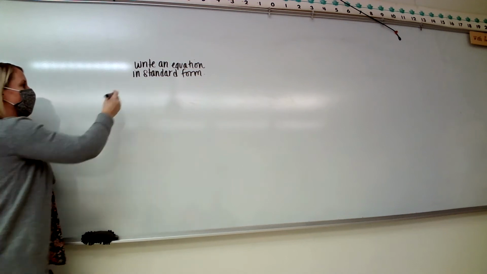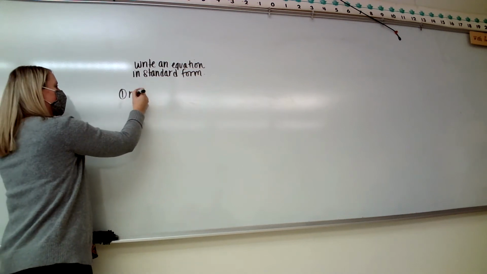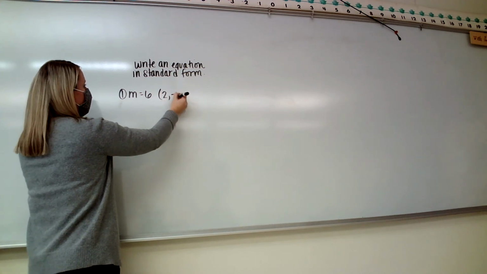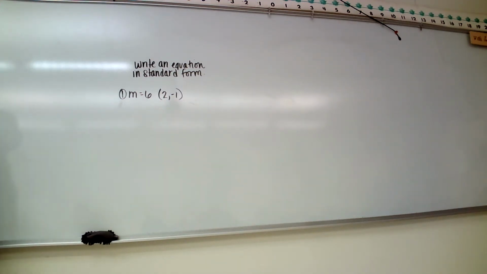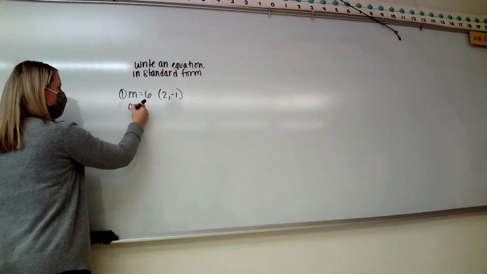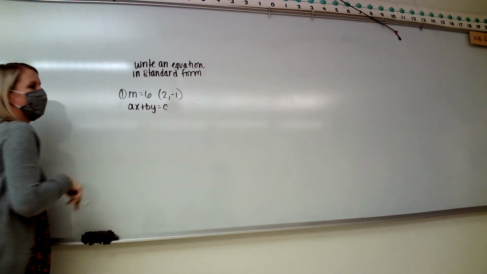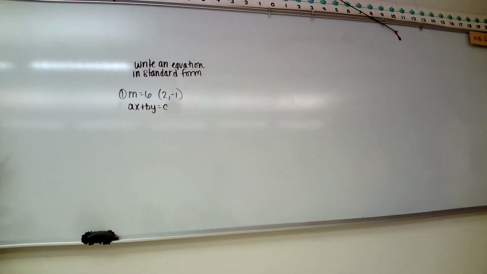Let's say I know the slope of the line is 6, and I know it goes through the point 2, negative 1. So I'm saying to myself, what the heck do I do? Because when I think about ax plus by equals c, there's literally no place to even put m. I guess I could put x and y in, but that's not really going to do much because my main goal is to figure out what numbers or what coefficients a, b, and c are.